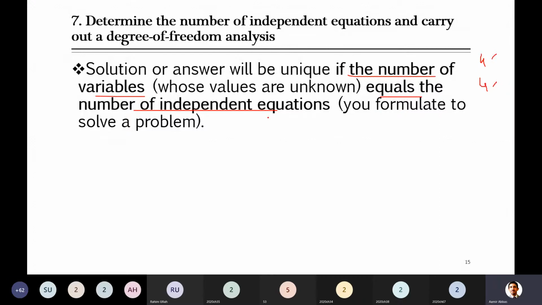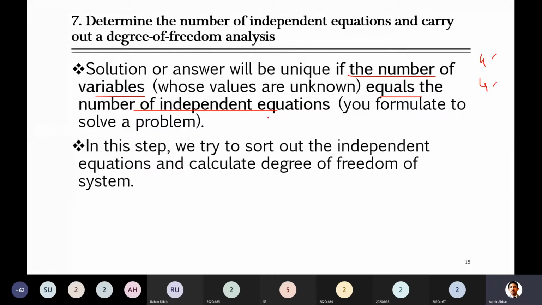I will talk about this in detail, about what degree of freedom analysis is, but here we do the degree of freedom analysis by looking at the number of unknowns and the number of independent equations. Maybe some of you are wondering what independent equations are. I will explain it in the next lecture or at the end of this lecture.